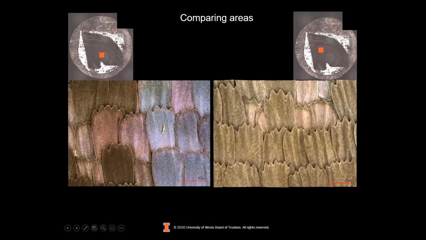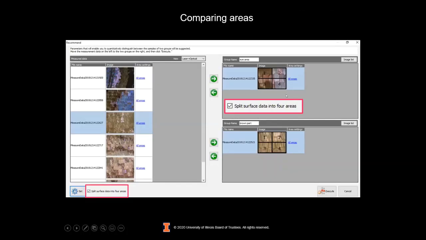Let's look at two completely different areas of this same butterfly wing, which are clearly visibly different. This part is brown and blue. This part is sort of a different brown and has maybe some more lumps in there. And because of this, when we compare them, we'll divide each image into 4 separate areas.